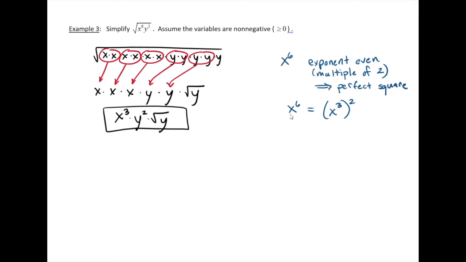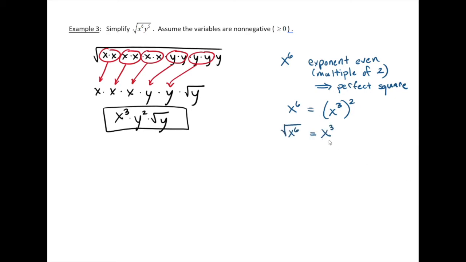So here you can see that if this can be written as a perfect square, then the exponent must be a multiple of 2. You can also see that the square root of x to the 6th power must be this expression inside the parentheses, the expression that's being squared here. So the square root of x to the 6th is x to the 3rd.